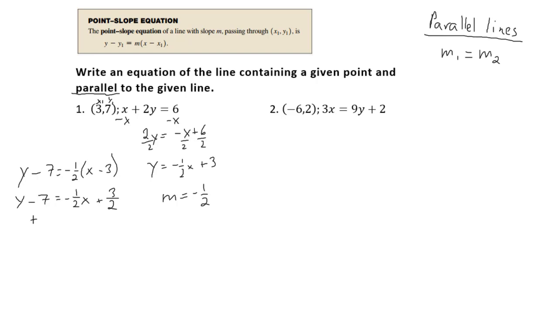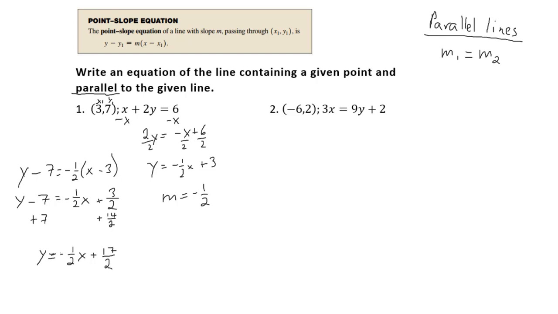So now I need to add 7 to this side, and I'm going to add 14 over 2. 14 divided by 2 is 7. So we're adding the same thing, but I'm getting my denominators to be equal. So then I have y equals -1/2 x plus 3 over 2 plus 14 over 2, which is 17 over 2.